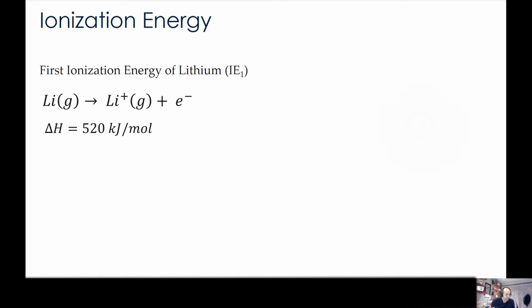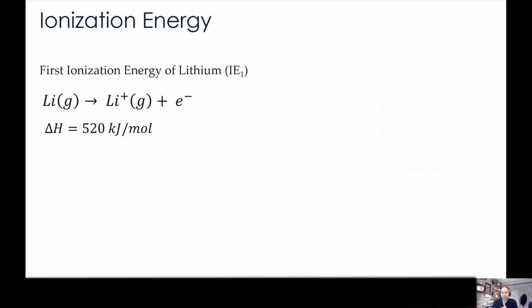Ionization energy. Ionization energy is very specific. Yes, we can form an ion by either adding or removing electrons to an atom.